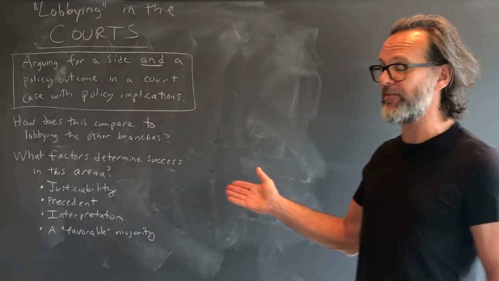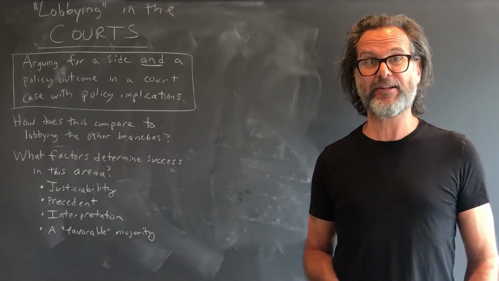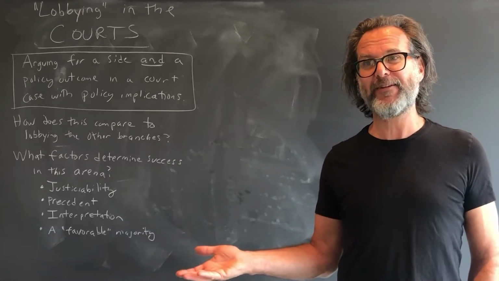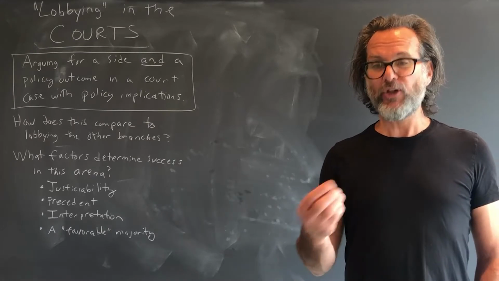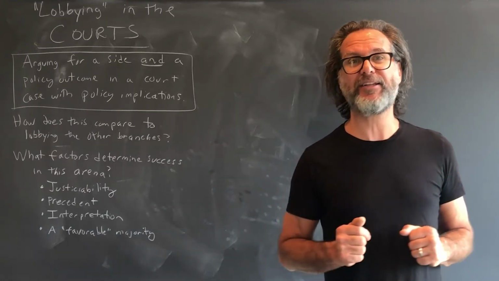So the first thing you have to be able to do to even talk to a judge or a justice about getting a policy win in a case is to prevent them from throwing out the case as not justiciable, or to prevent them from looking at the case only as a case and not as something with policy implications.